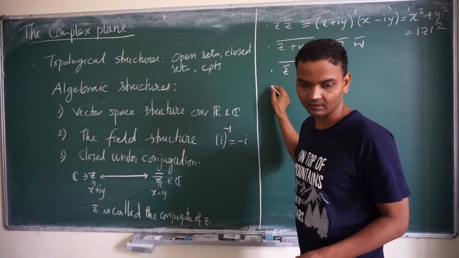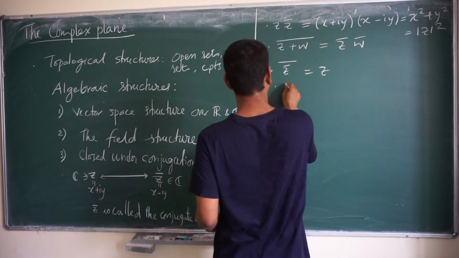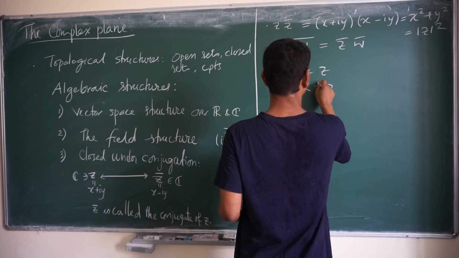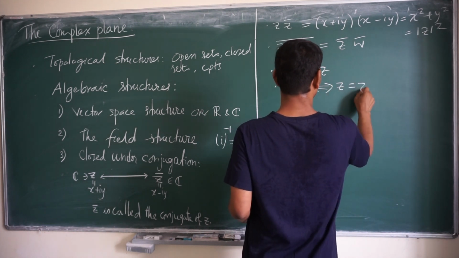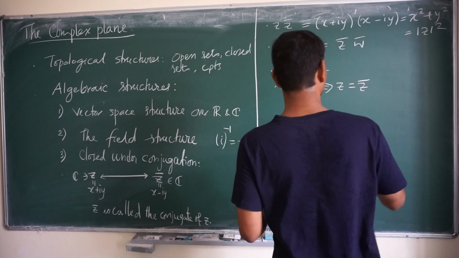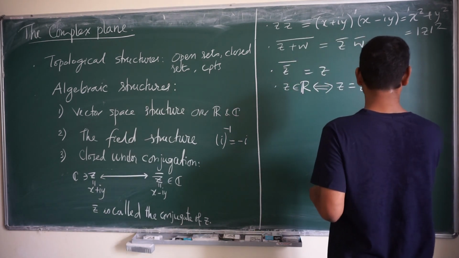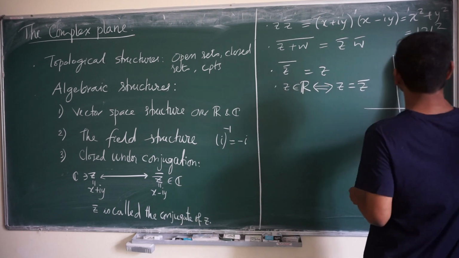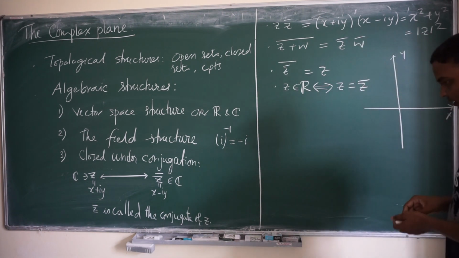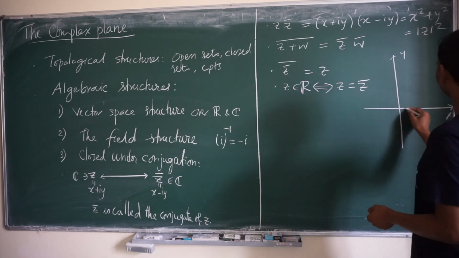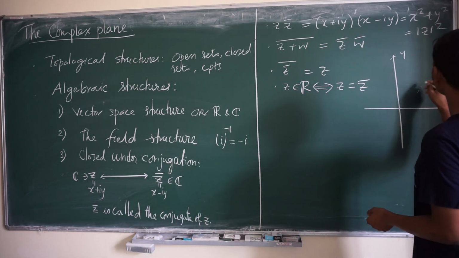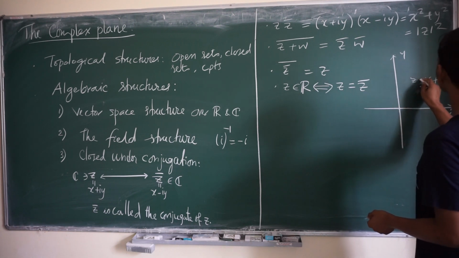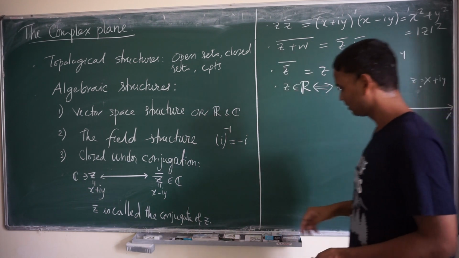What's next? A complex number z will be real if and only if z equals z bar, if it is equal to its conjugate. So let's look at the geometry. This is the x-axis, this is the y-axis. You have x plus iy, which is z, as a point.